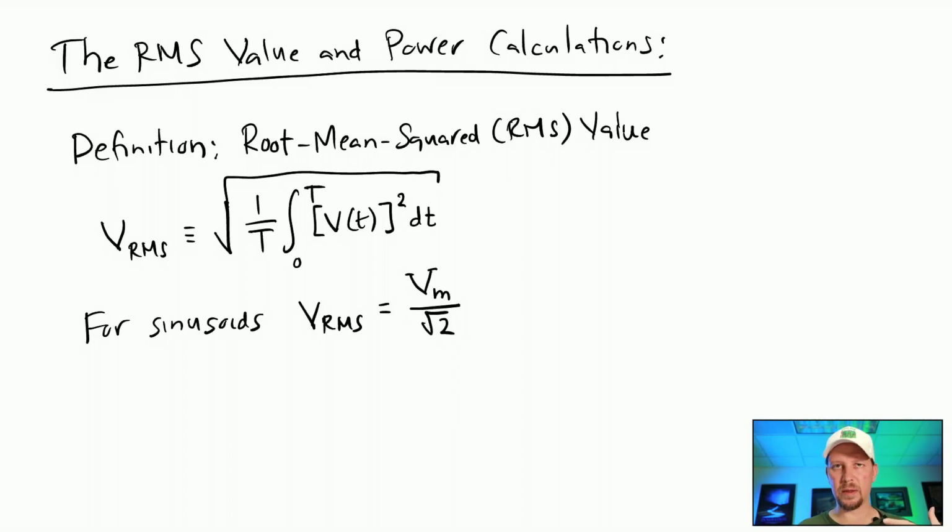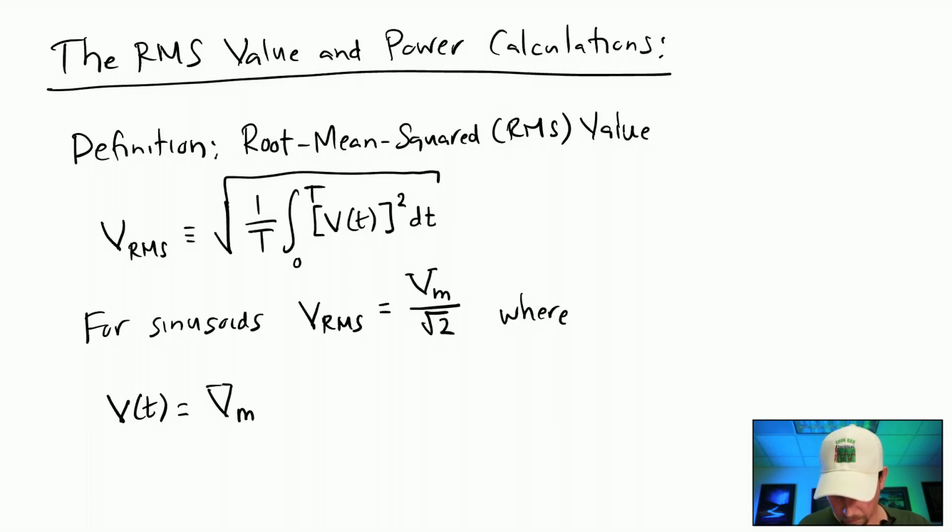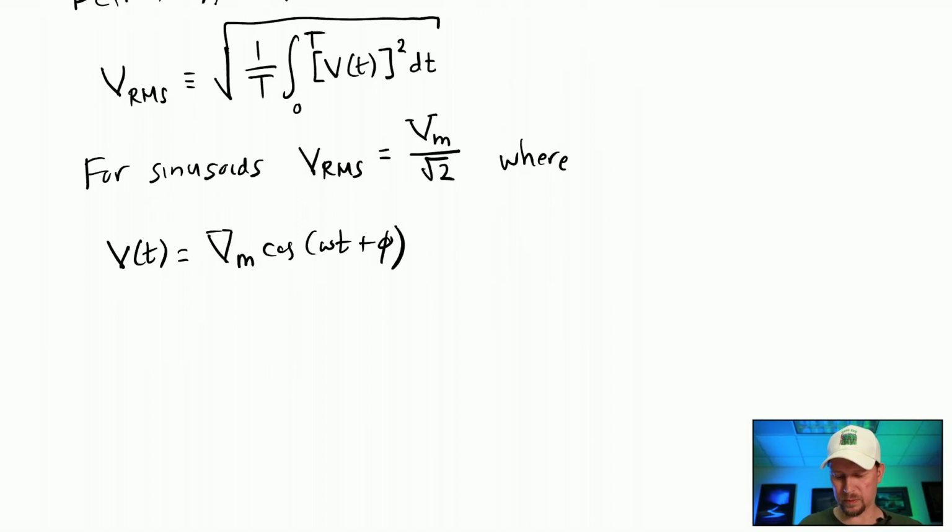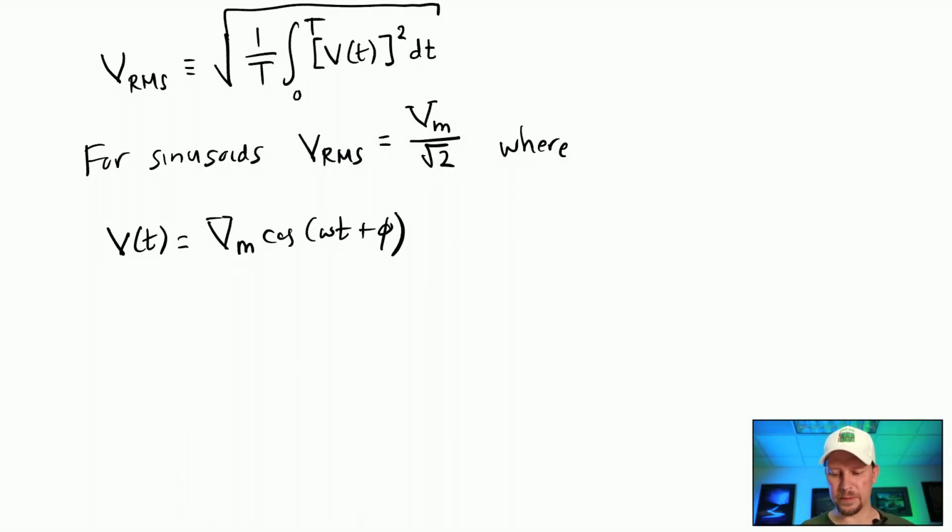So if you take the amplitude of the sinusoid and divide it by the square root of 2, that's going to give you the RMS or root mean squared value. And this is where the voltage function takes on the general form like this. So let's be very precise about this, right?